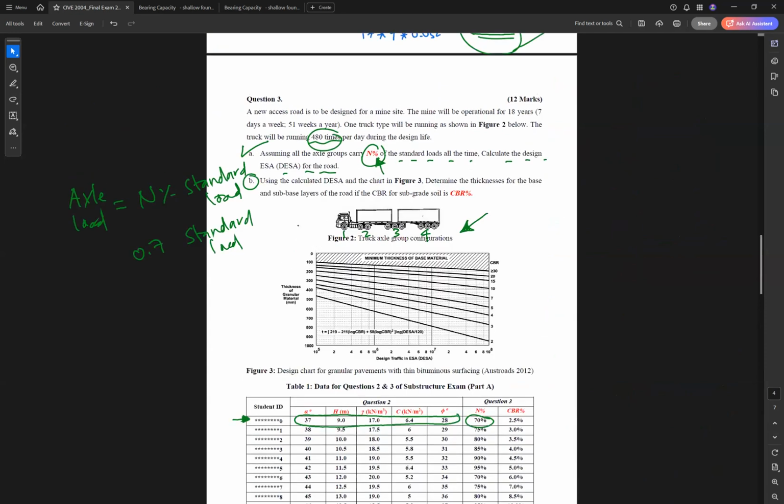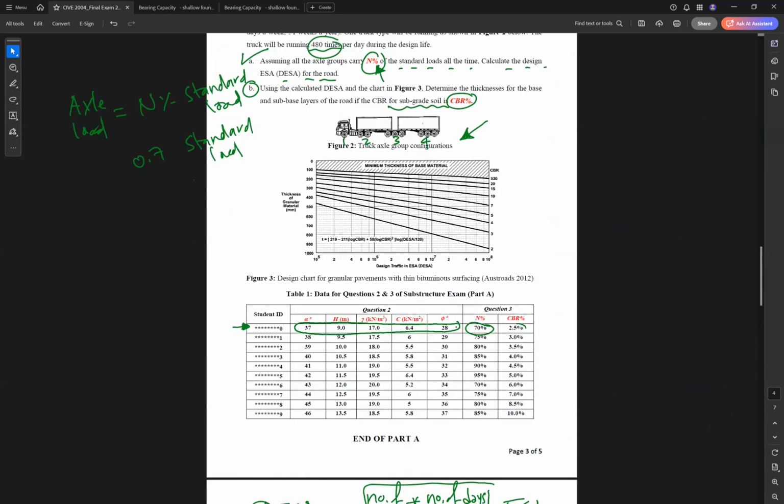For part B, using the calculated DSA and the chart in figure 3, this is the chart, determine the thickness for the base and sub-base layer of the road if the CBR of the subgrade soil is given. So this number is based on what as well? The table.